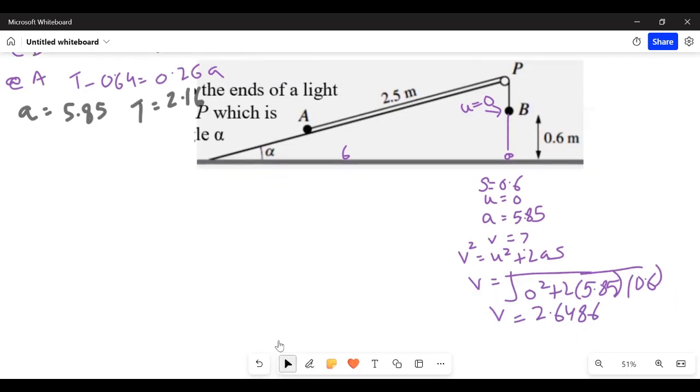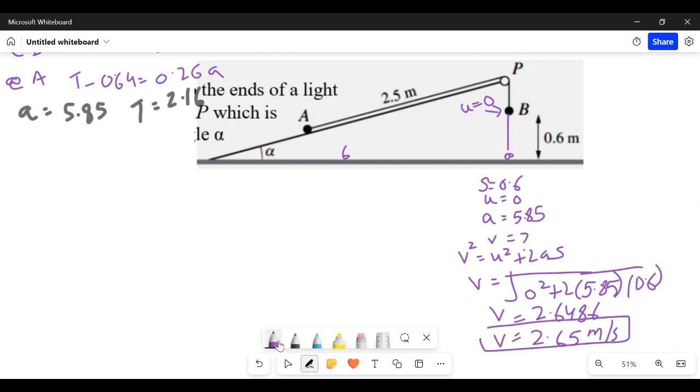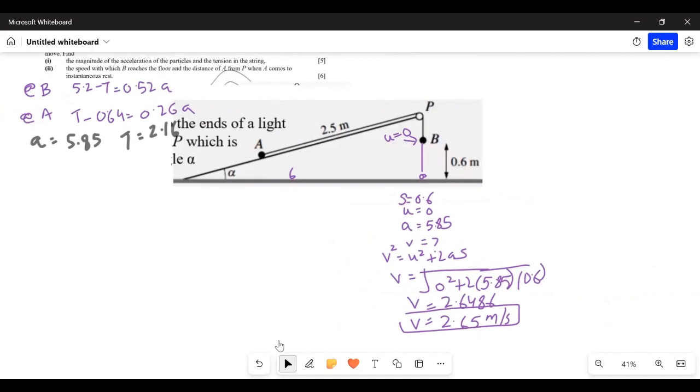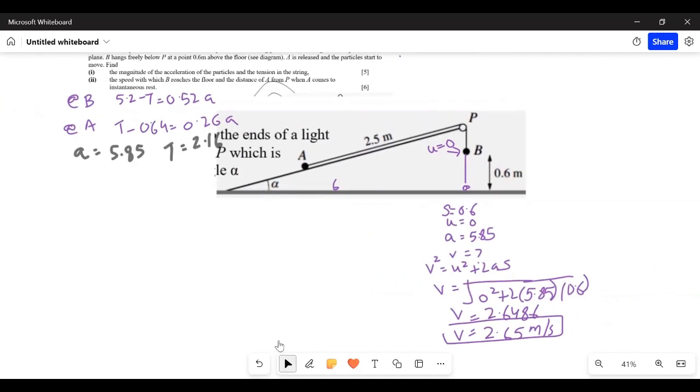It's going to be 2.65. So the speed at which B reaches the ground is 2.65, which is this speed here. This speed V equals 2.65.